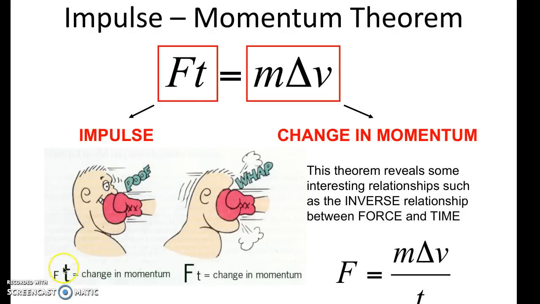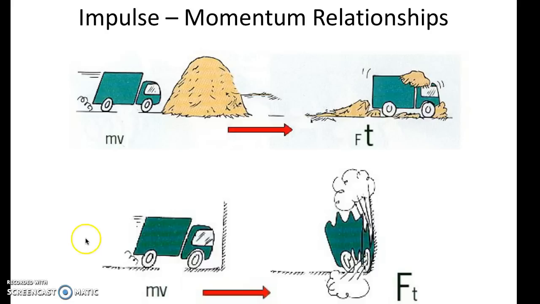In one case, where it's just a soft punch, it's a really long amount of time and causes a really small force. In another case, we have a very large force and it happens very quickly. Okay, and so if you were this guy, you would prefer the scenario where you experience the smaller force. In both cases, it's brought to a stop, but in this case, he doesn't get hurt.